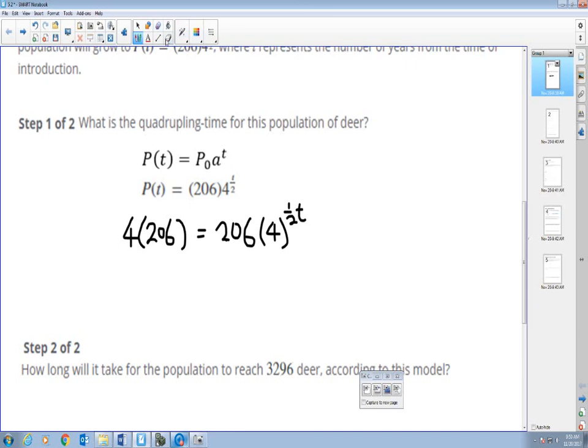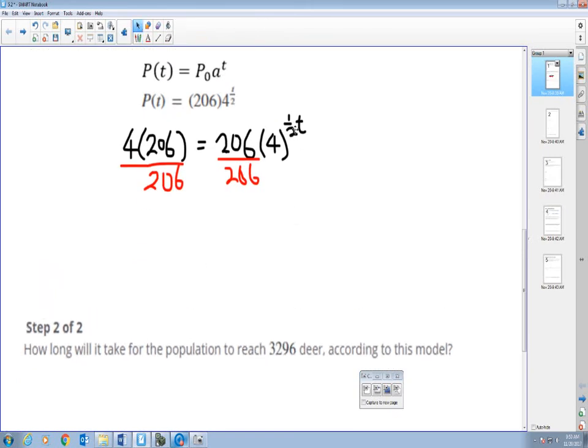Let me try this way. If I divide both sides by 206, since I only have 2 terms, one on each side, all I can do here is divide my coefficient. I'm basically trying to peel off all this stuff in front of the variable. So 206 over 206 will cancel out.